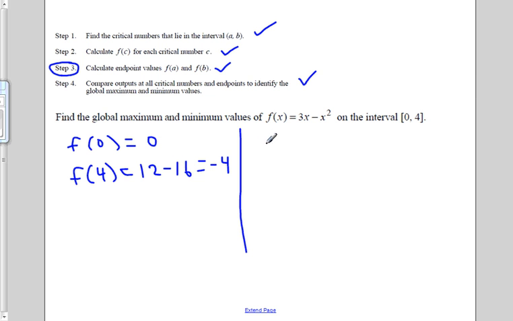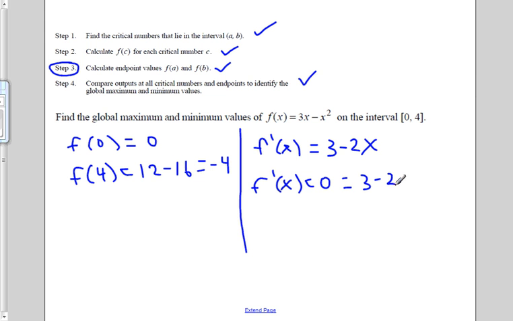Looking at my derivative, the derivative is 3 minus 2x. So I only have one critical number. f prime of x equals 0. We want to know when this equals 0, and that's going to occur when x equals 1.5.